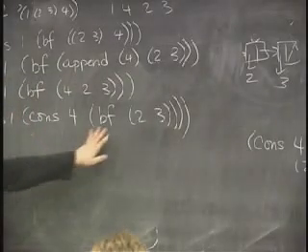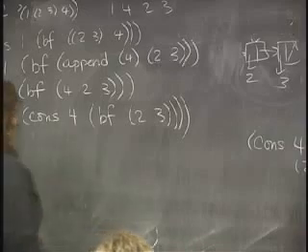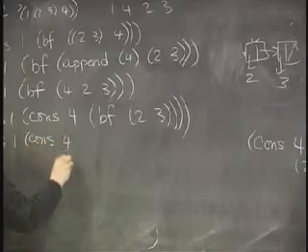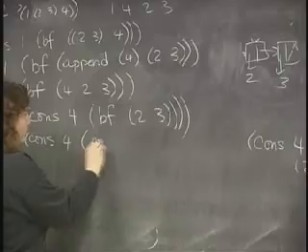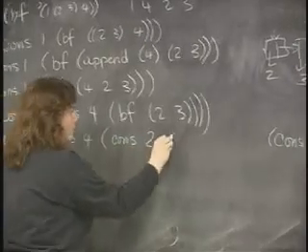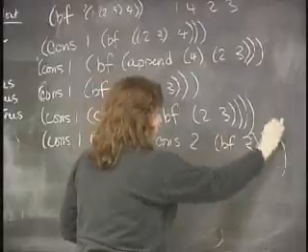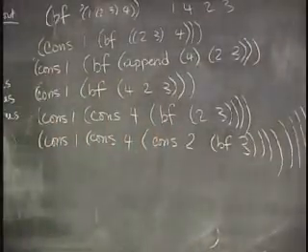Okay, breadth first 2, 3. Not null. Not an atom. Car is not a pair. So now we have cons 1, cons 4, 2, some number of parens.